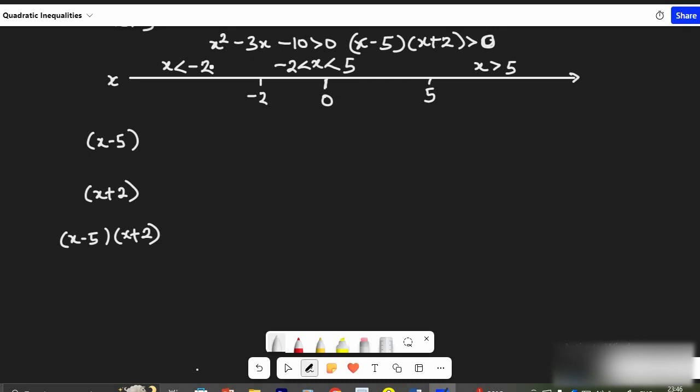Now, for where x is less than minus 2, we want to see if the function is positive or negative. That is, if it is greater than 0, which means that it's positive, or if it's less than 0, which means that it's negative. So we're going to use any value in this region where x is less than minus 2.